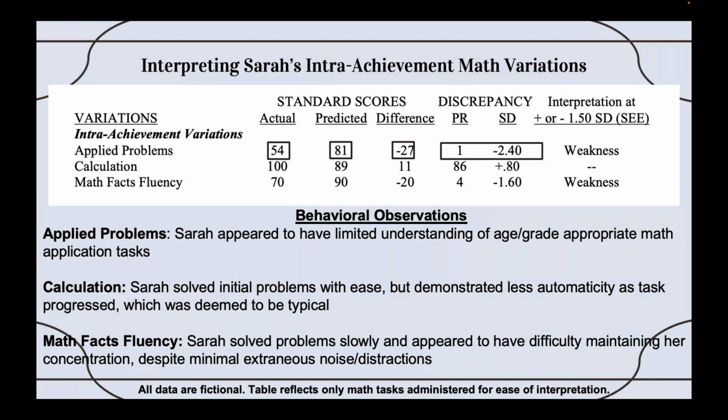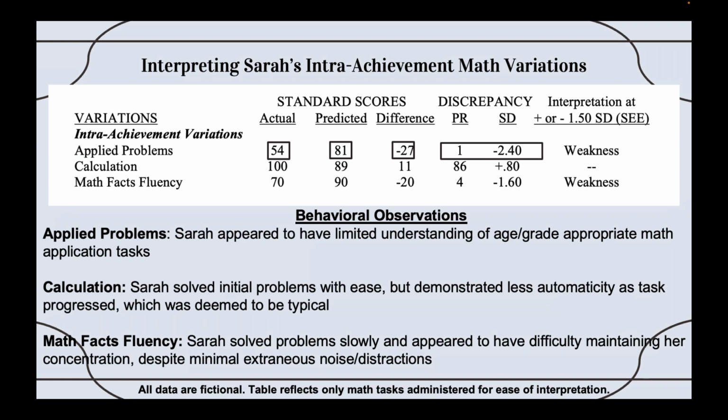Now, according to Sattler, differences between scores that occur in less than 10 to 15% of the norm reference population or norm reference group can be considered rare. So because this is less than 10 to 15% in terms of its occurrence, it's quite rare, or you can say that it's clinically significant.